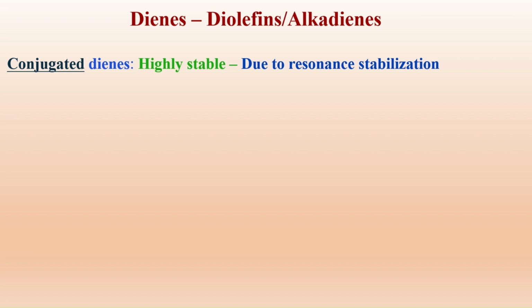Continuing the preparation of dienes, let us look into the stability of the conjugated dienes. And the conjugated dienes, as I said, are highly stable. What makes them this stable is the subject of discussion for today's presentation.